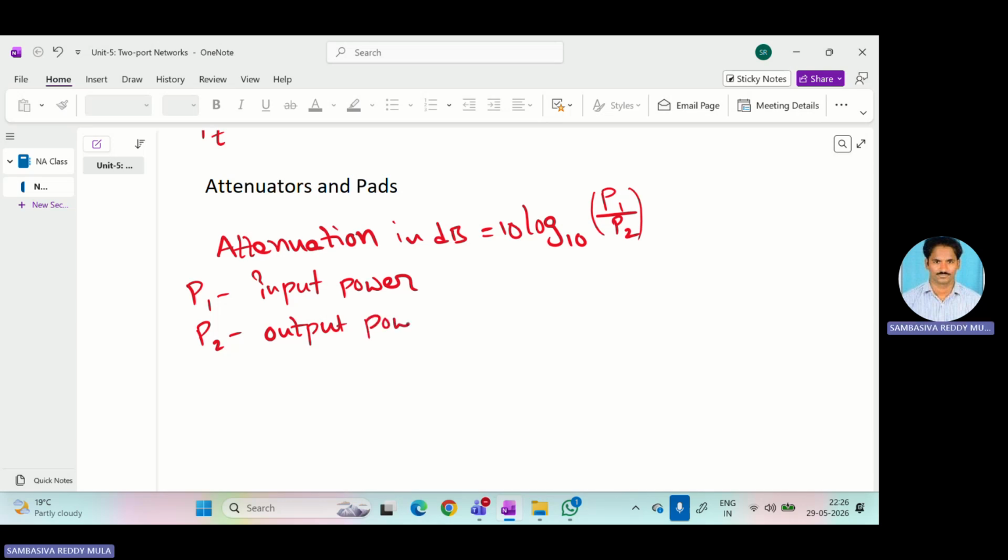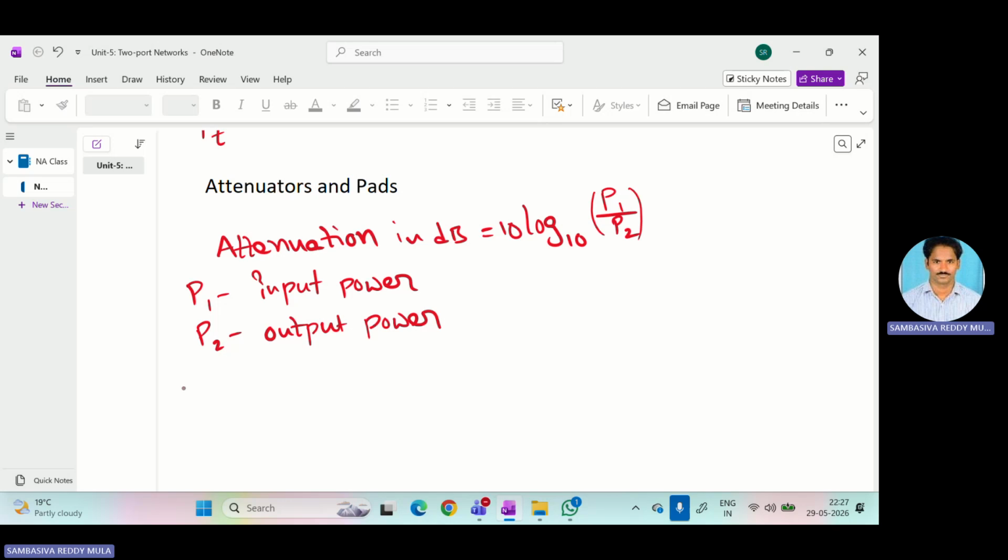Already we have discussed that an attenuator is a device placed between the input and the output, or between the generator and the load. There are fixed and variable attenuators, and a fixed attenuator is called a pad. Attenuation can be measured not only in terms of powers but also in terms of voltage or currents.